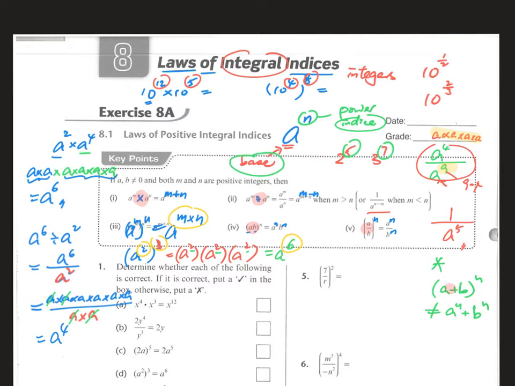A very simple counterexample, which you should be familiar with, is a plus b squared. It's not merely a squared plus b squared, but there is a term 2ab in between. So don't simply apply the index law when you have addition or subtraction. It's totally wrong.